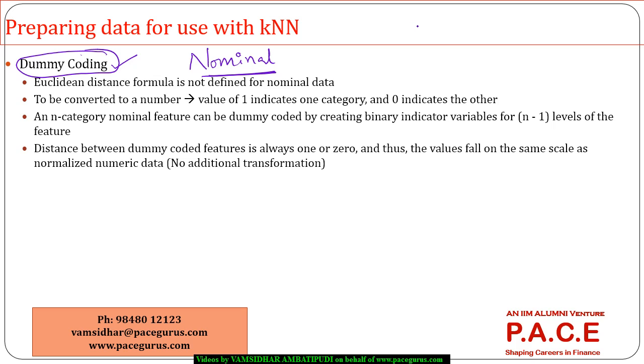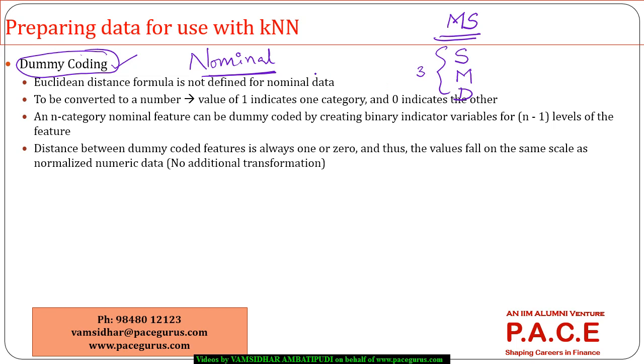Dummy coding is nothing but, let's say we are using a variable called marital status, which has three categories: single, married, divorced. So this is the marital status, which has three categories.